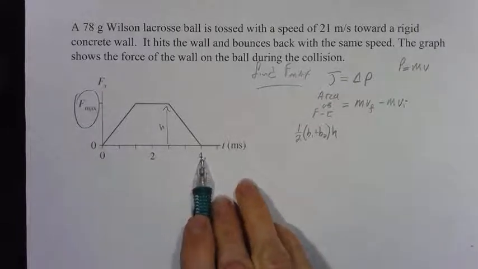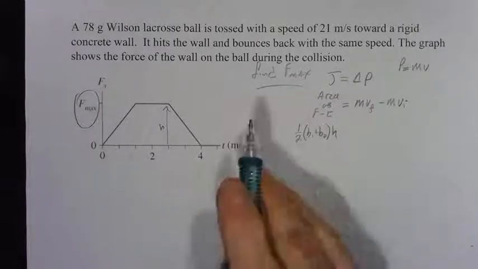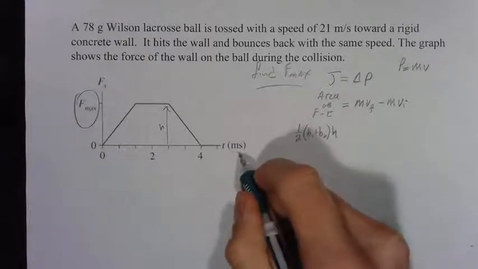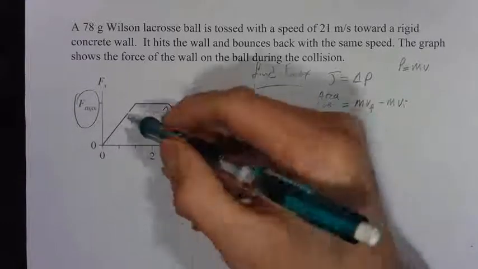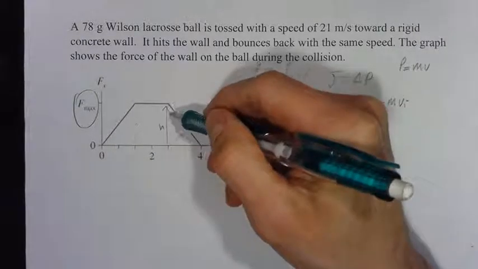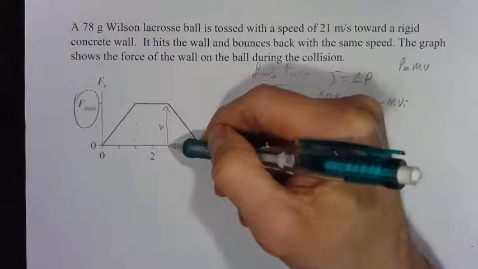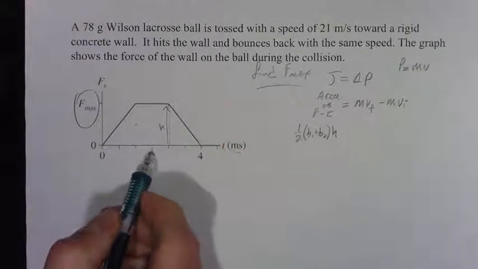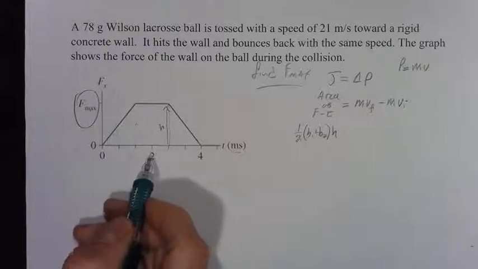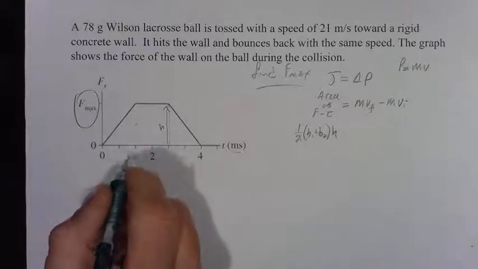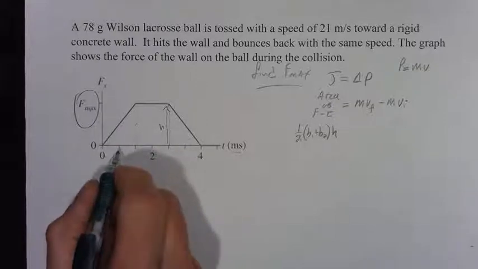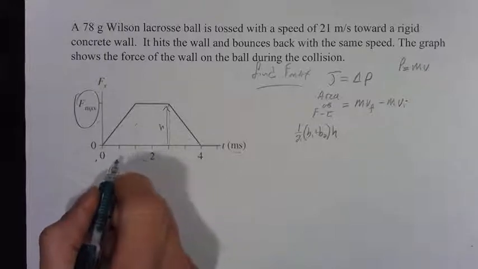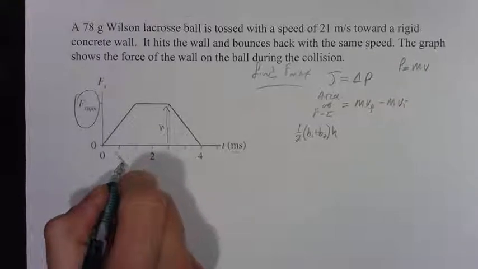Base 1, we'll call the bottom, that's 4 milliseconds. Got to be careful of units. And the top goes from here to here. So how many milliseconds is that? Well, this is 2, and so these are divided into thirds. 2 divided by 3, so that's 2/3.